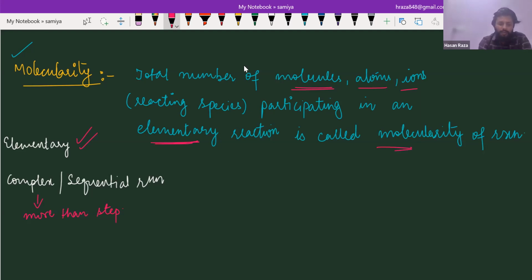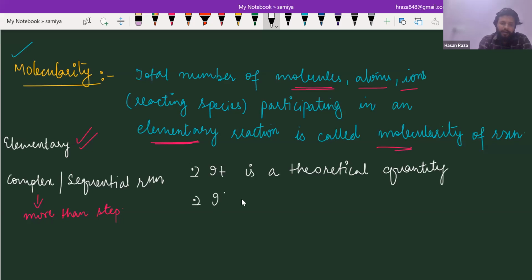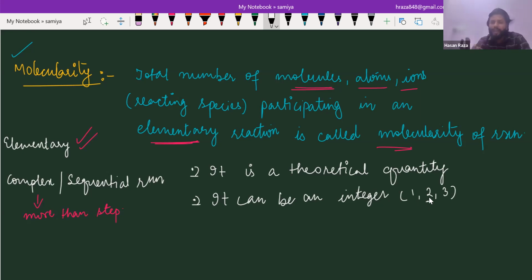Just I'm going to take an example. First, I'm going to write some points about it. It is a theoretical concept or quantity. There is no practical evidence. Next, we can write it can be an integer. It cannot be 0. It can be an integer 1, 2, or 3. In our syllabus, we will only deal with unimolecular, that means only one reacting species, and bimolecular, that means two reacting species.